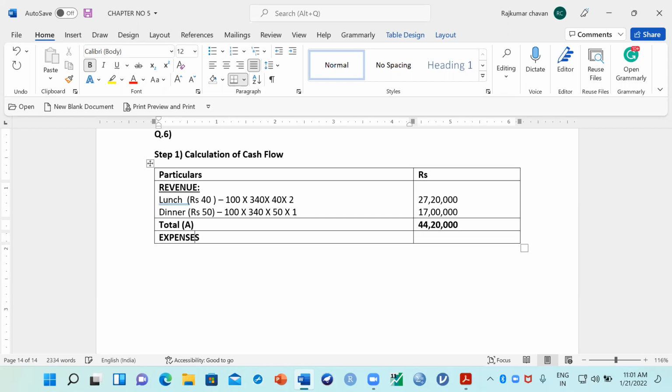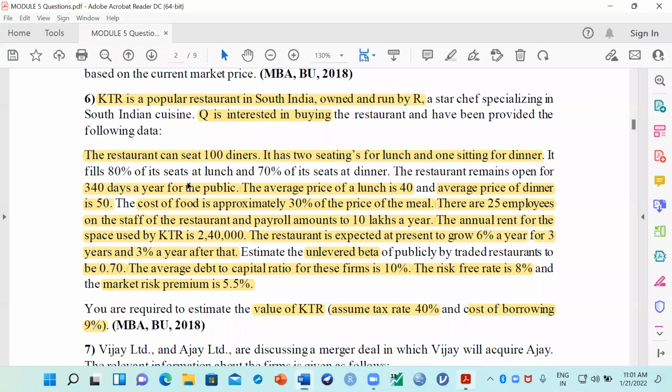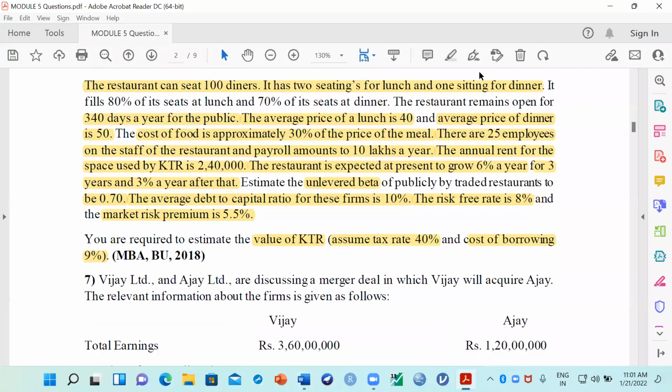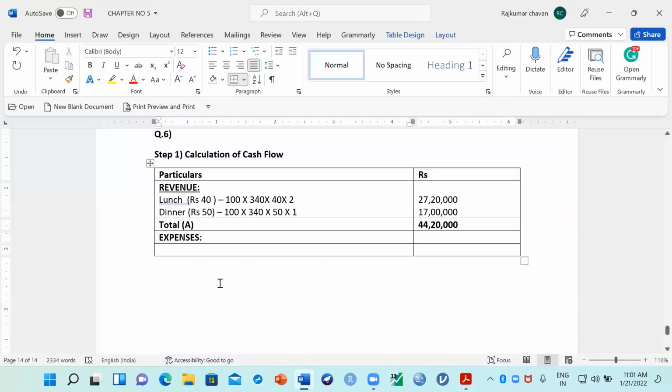Let us minus the expenses they are incurring. The first expense is the cost of food, which is how much? 30% of the total price, or we can say 30% of the total bill.